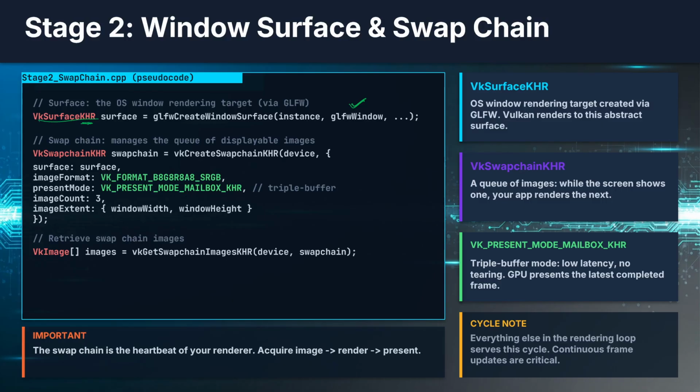The next thing that comes is the swap chain. What exactly is the swap chain? It is a set, or a queue, of displayable images. I would also say this is the real heart of rendering. If you understand this, it becomes much easier to manage swap chains. The swap chain is a queue of images.